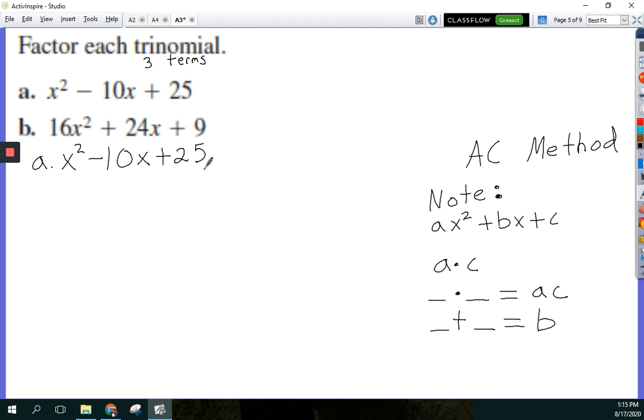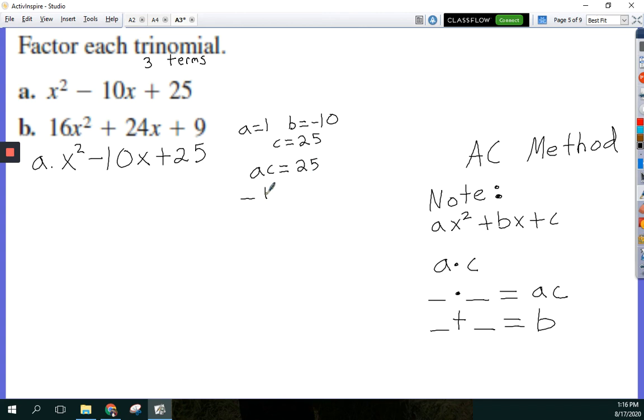So notice that my a value is 1, my b value is negative 10, and the c value is 25. So I didn't include the x's, but notice that for our b value, I did include that negative. So the negatives do have to be included. So a times c is going to equal 25.